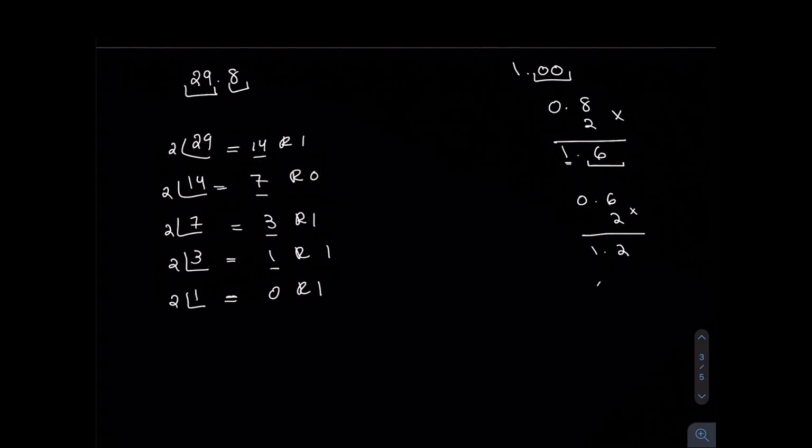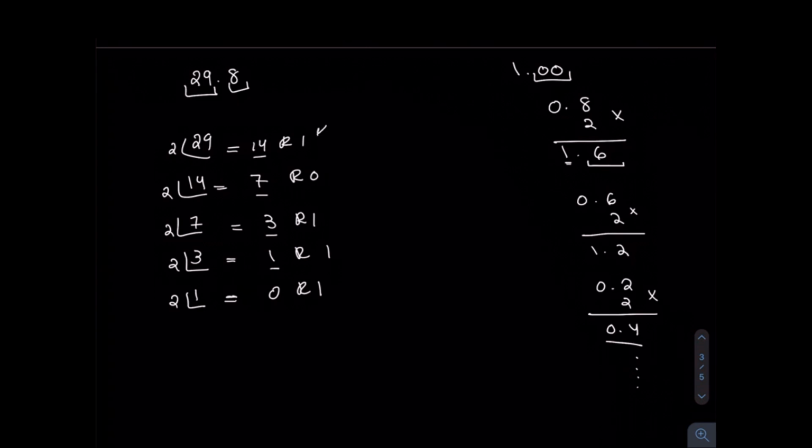So we will take 0.2 and multiply it by 2, it will equal 0.4, and you can continue as long as you need, depending on the question, if it asks you for a specific number of bits. So I will stop right here, and now we will write the number.